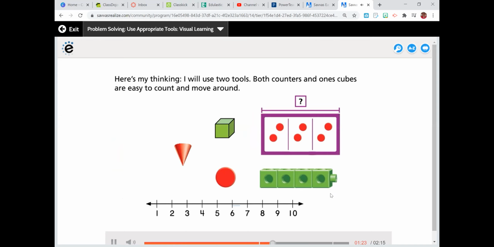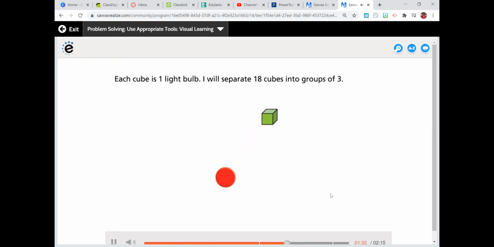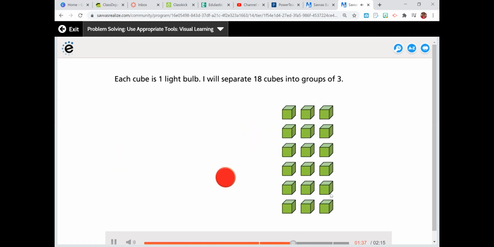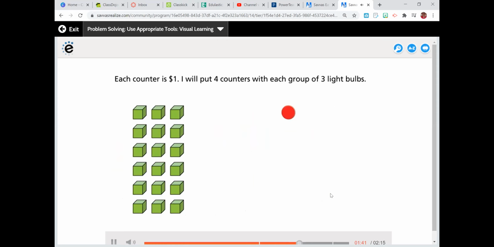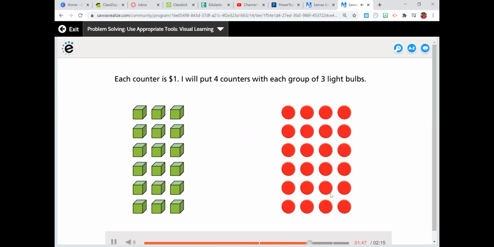Here's my thinking. I will use 2 tools. Both counters and ones cubes are easy to count and move around. Each cube is 1 light bulb. I will separate the 18 cubes into groups of 3. Each counter is $1. I will put 4 counters with each group of 3 light bulbs.